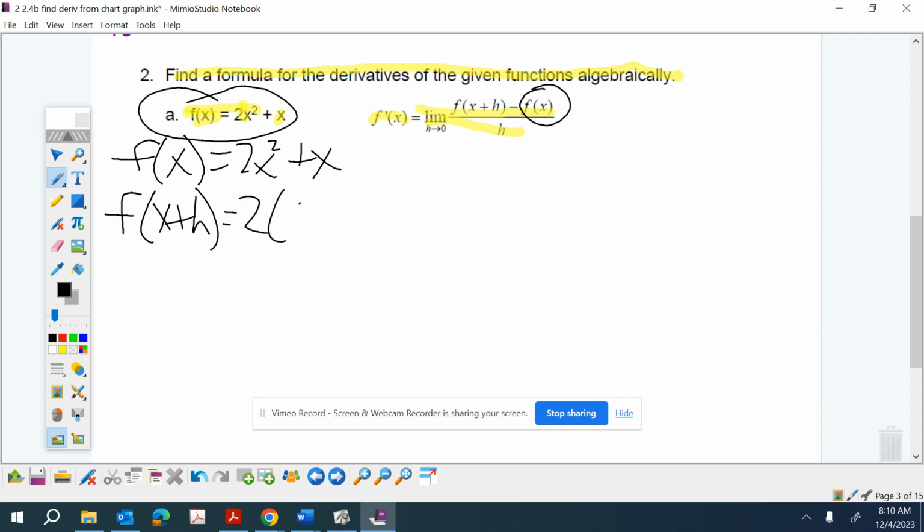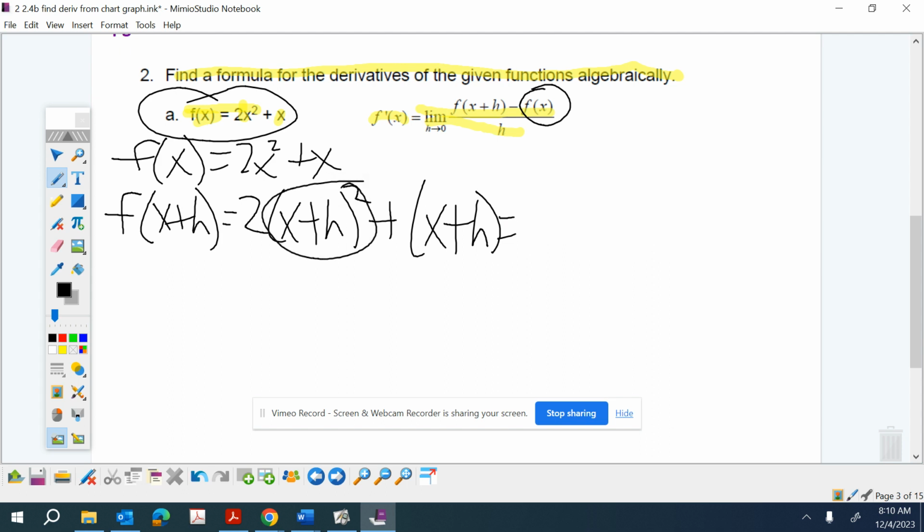So it becomes 2 times x plus h squared plus, everywhere I have an x, I'm putting x plus h. I'm going to simplify this. Remember, you want to use your PEMDAS rules, so you want to do x plus h times x plus h before you multiply by 2. That's x squared plus 2xh plus h squared.